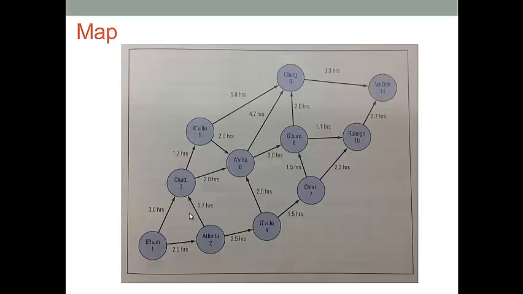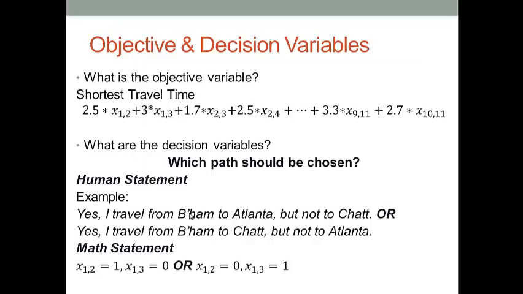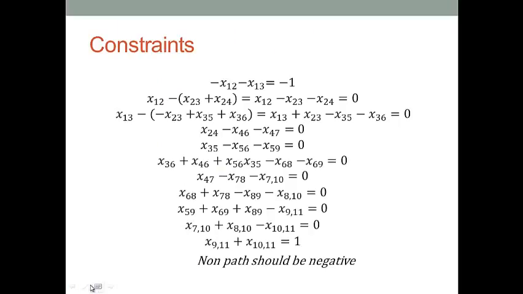We just said x sub 1, 2 equals 1. That means Atlanta is chosen, right? 1 minus 1 should be 0. Or we can present the constraint in the second constraint equation, as you can see here. X sub 1, 2 means Atlanta is chosen as the next city from Birmingham. And then from Atlanta, we could go to Greenville or Chattanooga.